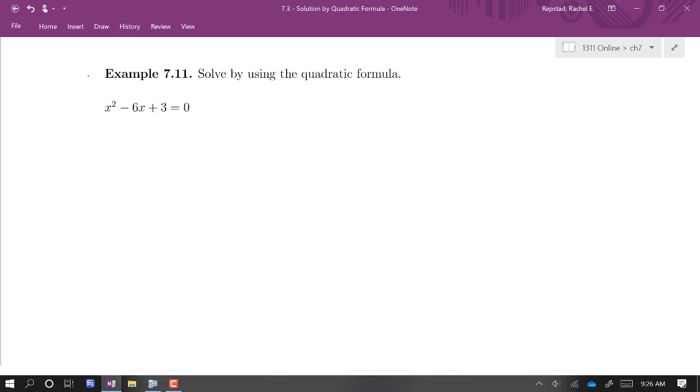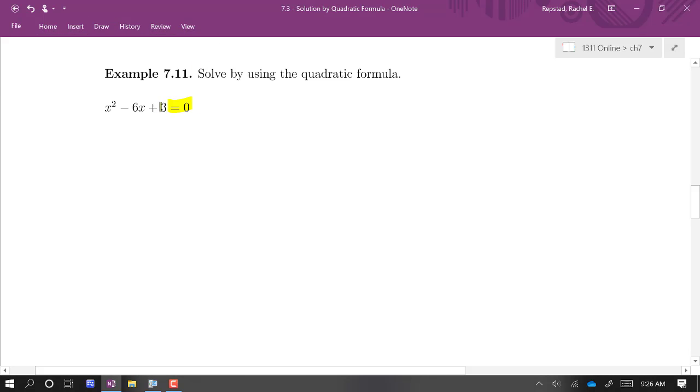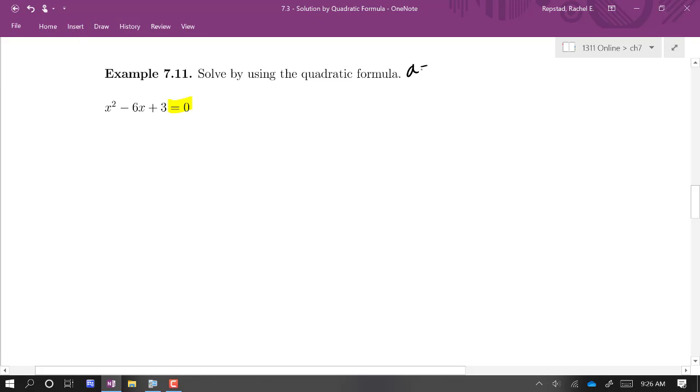This one is already set equal to 0. That's the first thing you got to make sure you're looking at: quadratic equations set equal to 0, and then identify the values of a, b, and c. So here a is equal to 1, b is equal to negative 6, c is equal to positive 3. And then I start by writing out the quadratic formula.